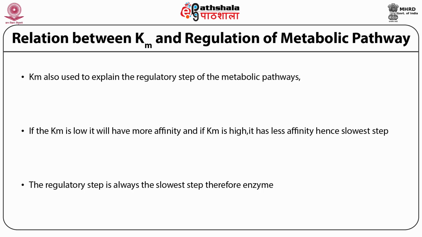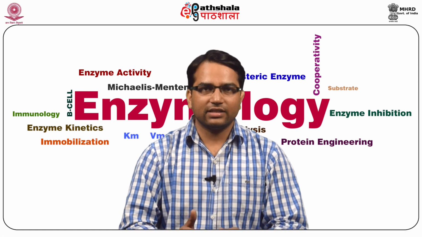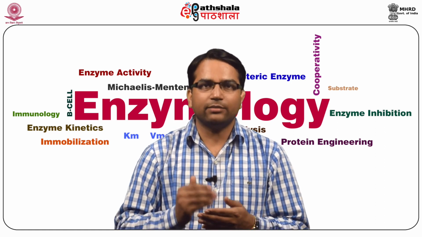Therefore, if you have a metabolic pathway with different enzymes, the enzyme having the highest Km for its own substrate is going to be the slowest enzyme, or regulatory enzyme, or rate determining enzyme of a metabolic pathway. So we will discuss how Km is related to the metabolic pathway.